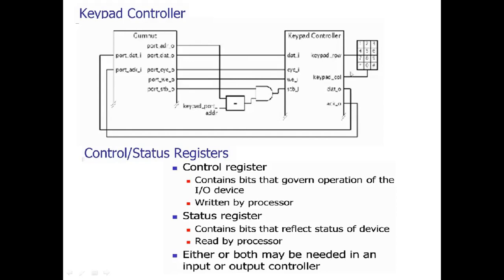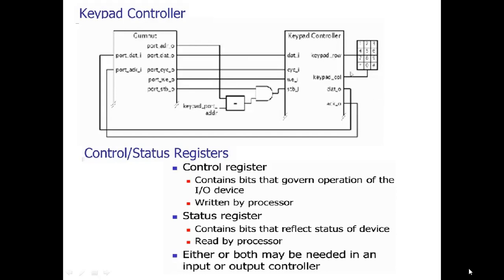Therefore, if and only if both the inputs of this AND gate are equal, then only the keypad controller will be activated. And you can also see the status register.